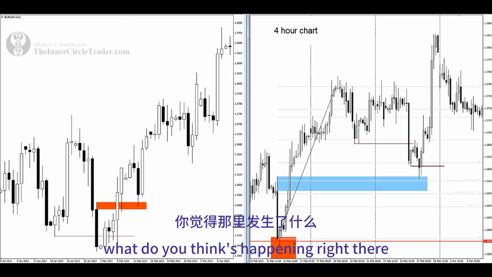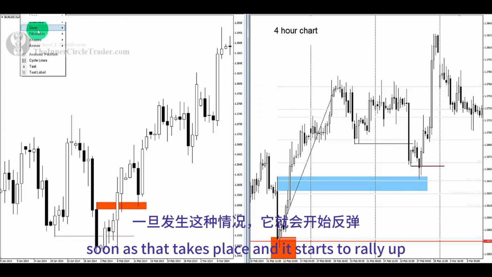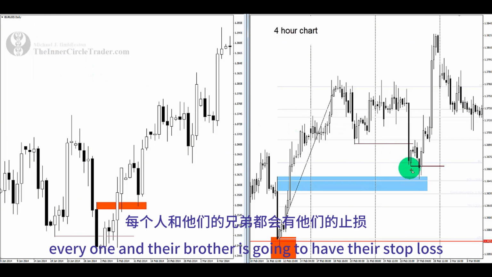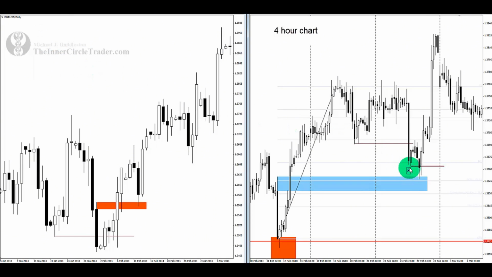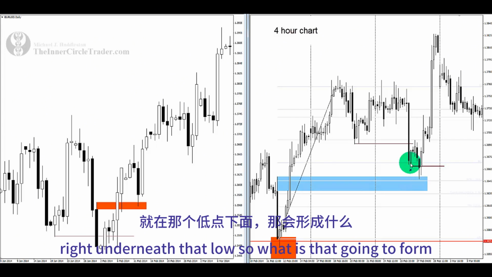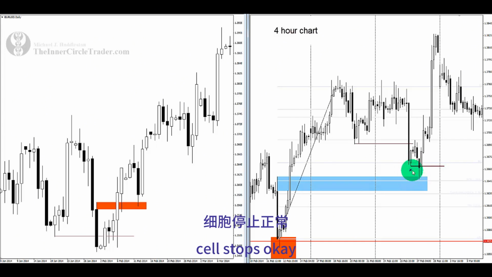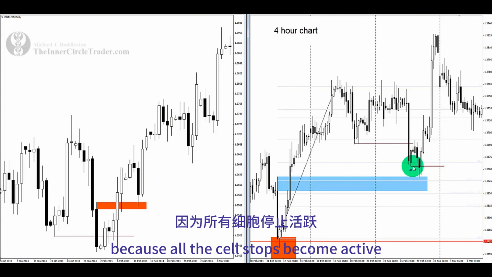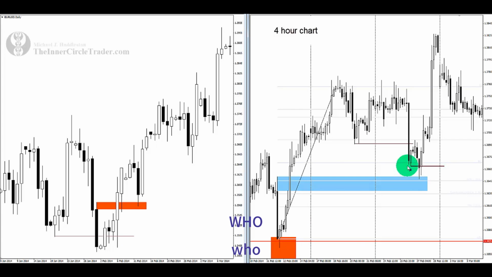What do you think's happening right there? As soon as that takes place and it starts to rally up, everyone and their brother is going to have their stop loss right underneath that low. So what is that going to form? Sell stops. So why would they be willing to drive the price down in there again? Because all the sell stops become active.